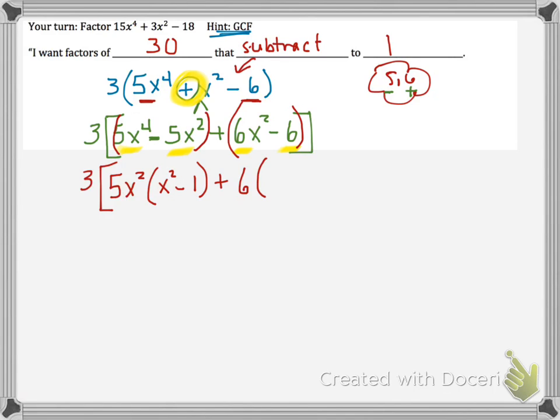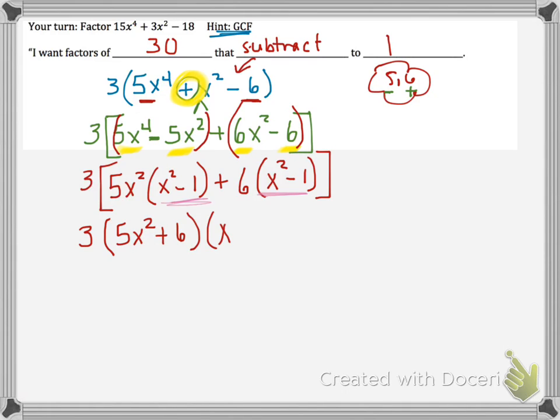And again, that leaves us with x squared minus 1. And that's the key. We're looking for that common piece, because that common piece we can pull out across the other terms. So we end up with 3 times 5x squared plus 6 times that x squared minus 1.